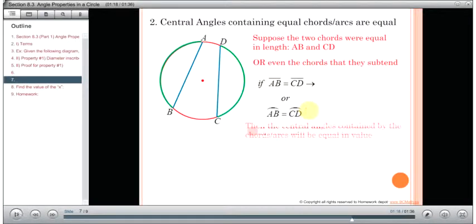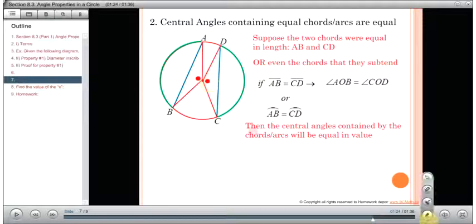If we were to then draw central angles from those arcs, like from there and there, like this, boom, and boom. What this is saying is the angles are going to be equal.